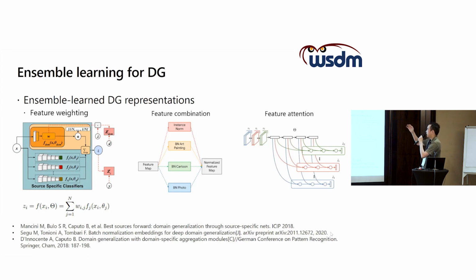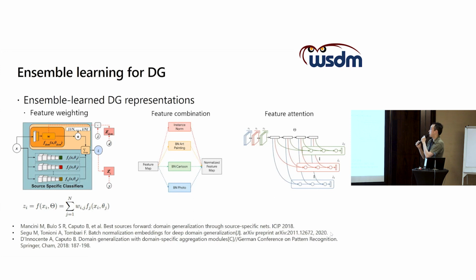For example, nowadays deep neural networks are all equipped with a module called batch normalization. You can imagine that by applying different data sets, the parameters of this batch normalization can be very different, which actually generates different kinds of models.